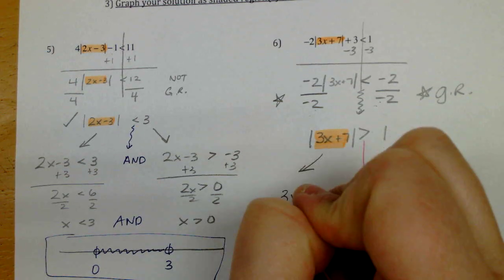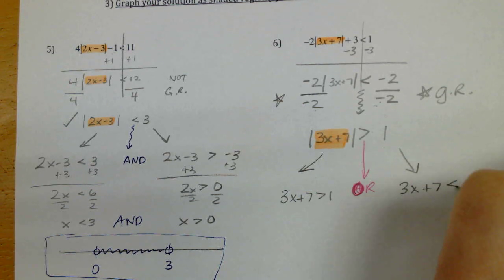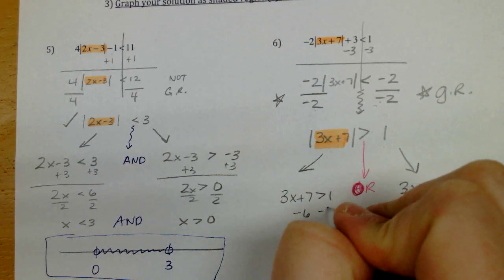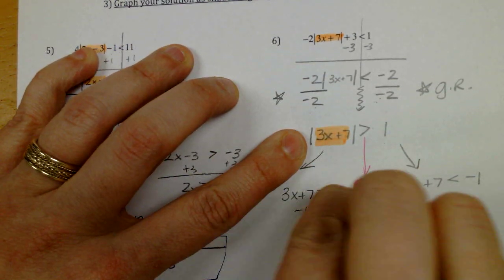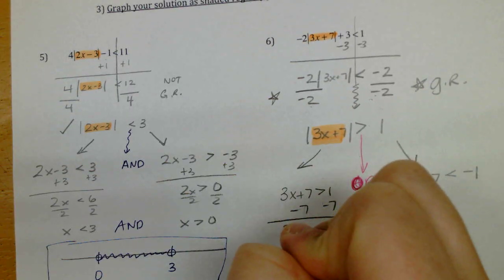3x plus 7 greater than 1. 3x plus 7 less than negative 1. Okay, I don't know why I wrote a 6 there, but we're going to isolate by subtracting 7 from both sides.